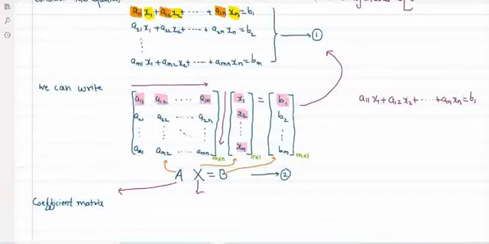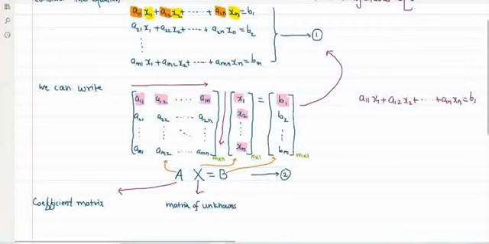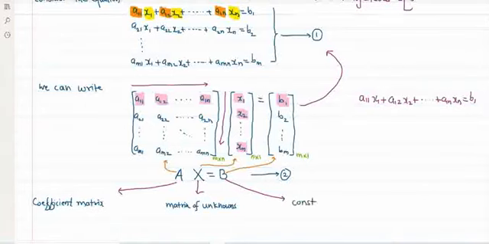This matrix has only unknowns. And the last one is called a constant matrix because you have a constant term on the right side. Okay, this is only a representation of the given system.